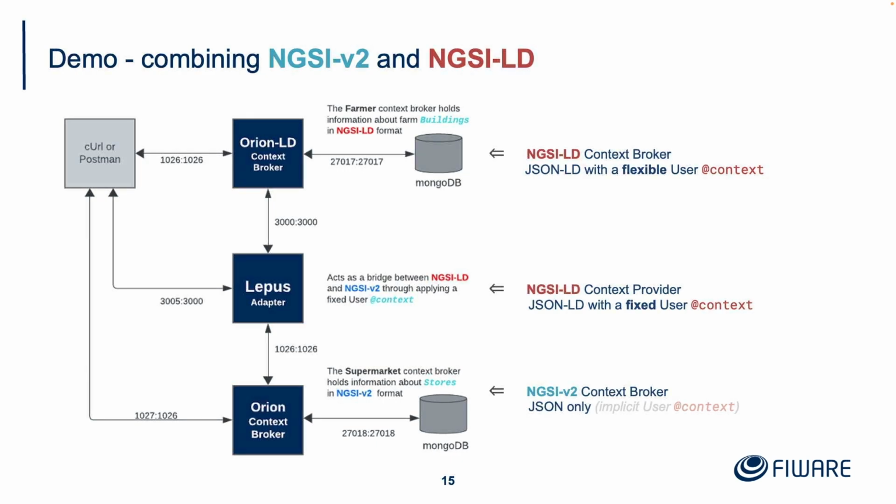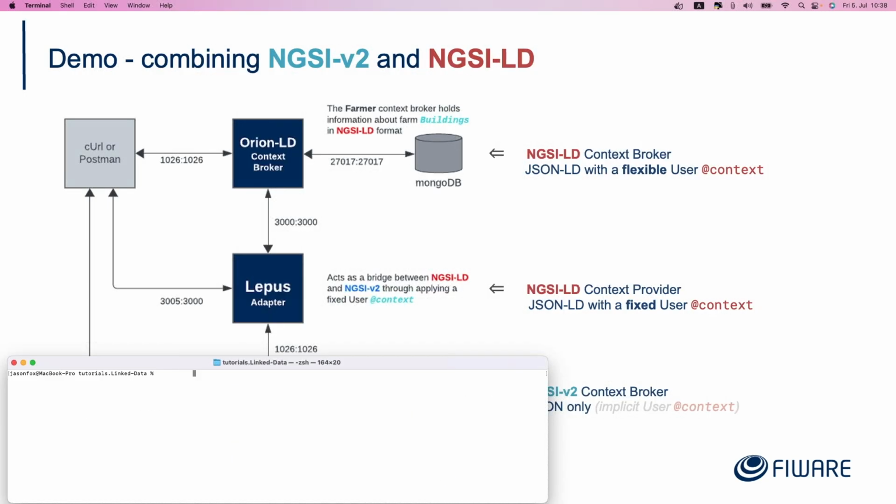And of course, when you have a context broker which can understand JSON-LD, it can do the flexible multiple user context. So let's bring up a context broker.